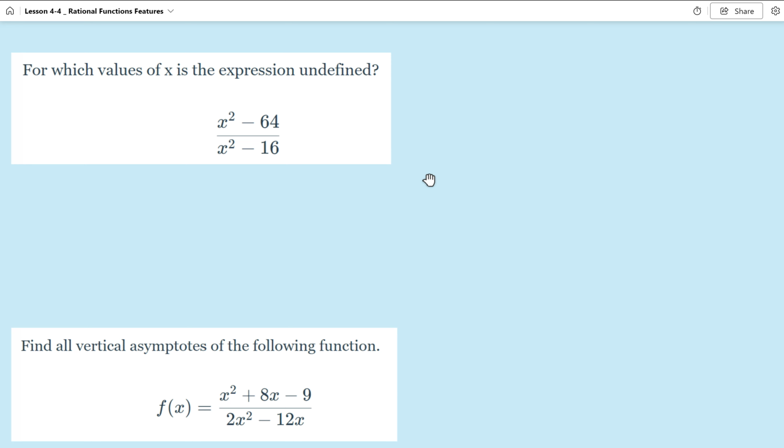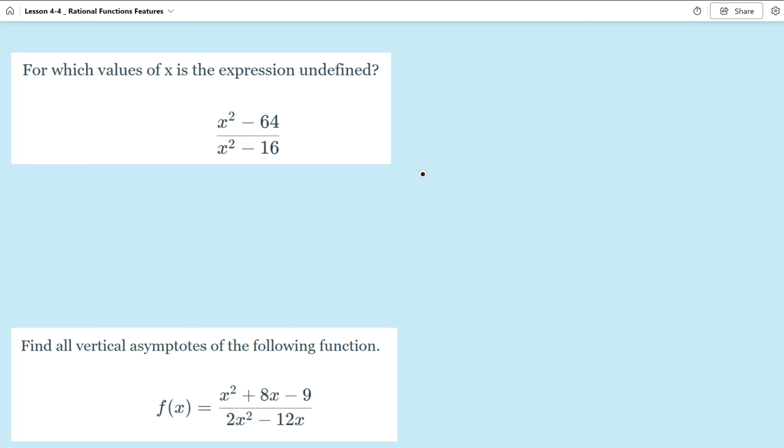So let us start off with the first of 6 examples: for which values of x is the expression undefined? When we are talking specifically about undefined values, we are looking for values that cause the denominator to become 0.